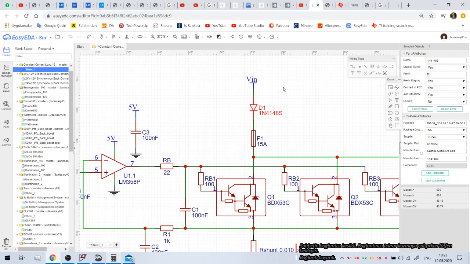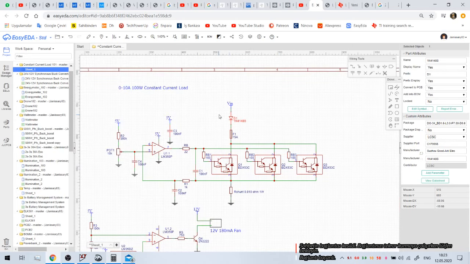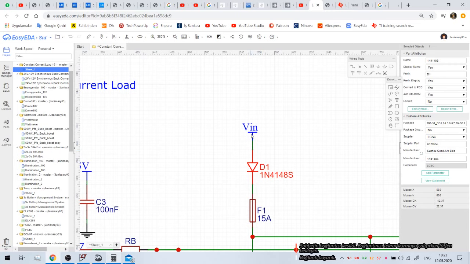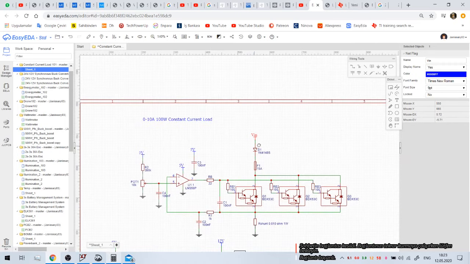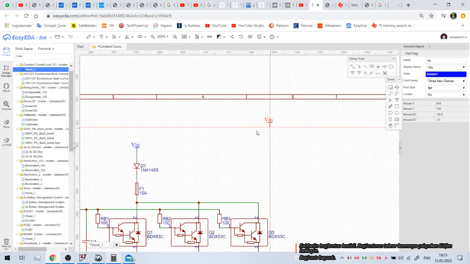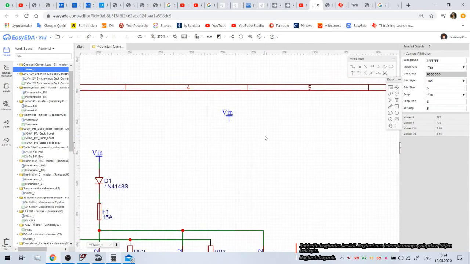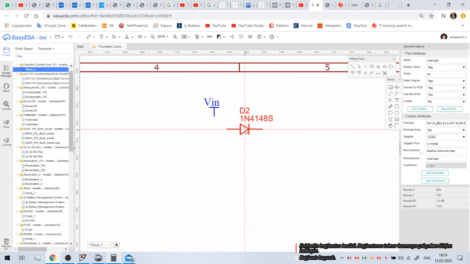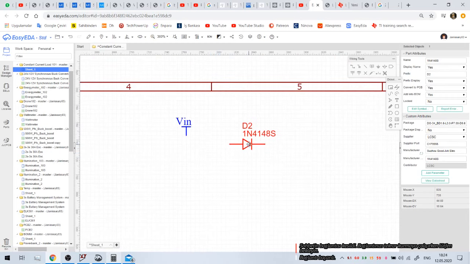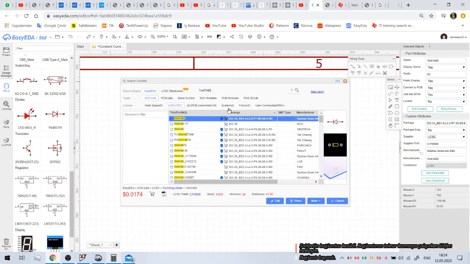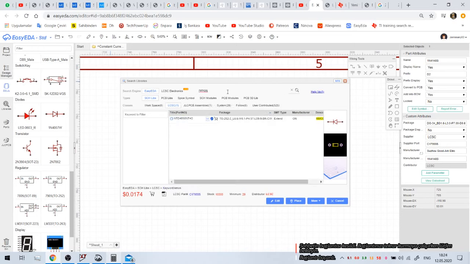How? Okay, I want to show you. Not this one. Instead, we need to use some N MOSFET. Yes, we need a MOSFET this time.